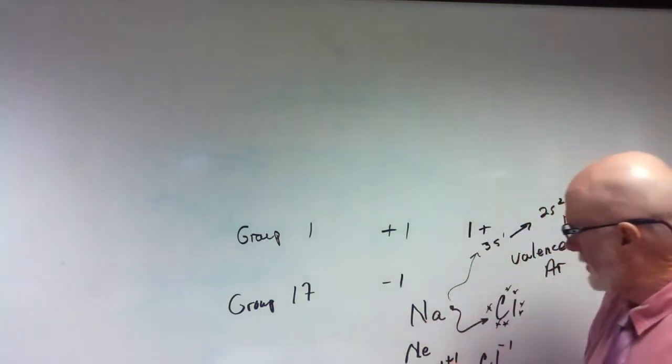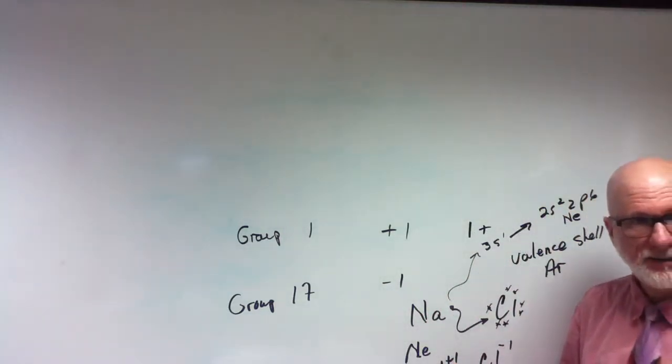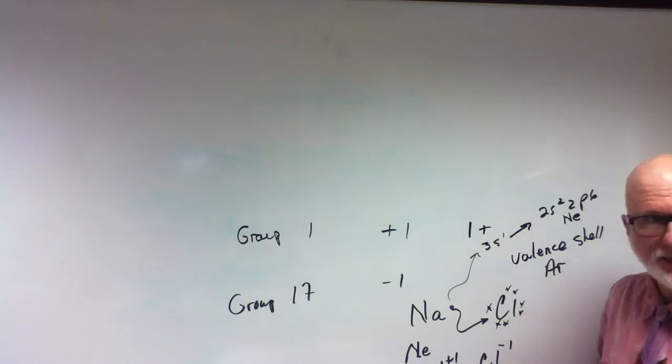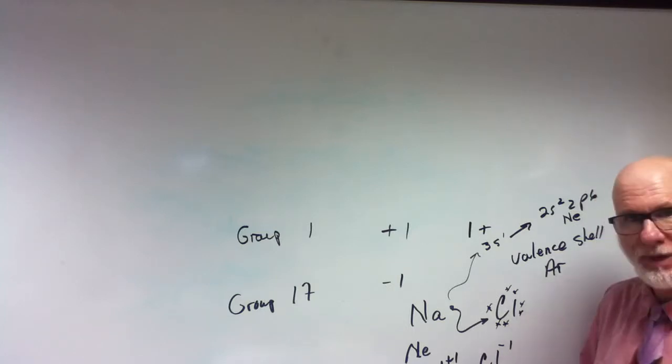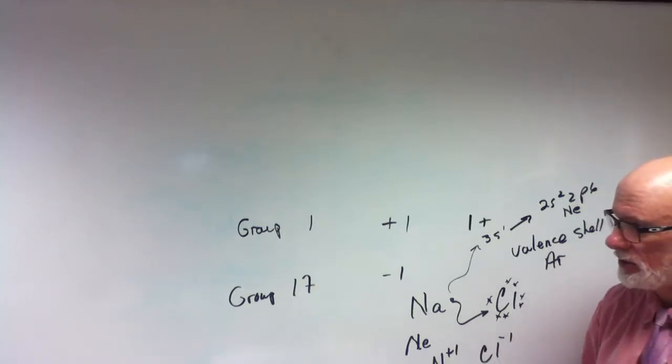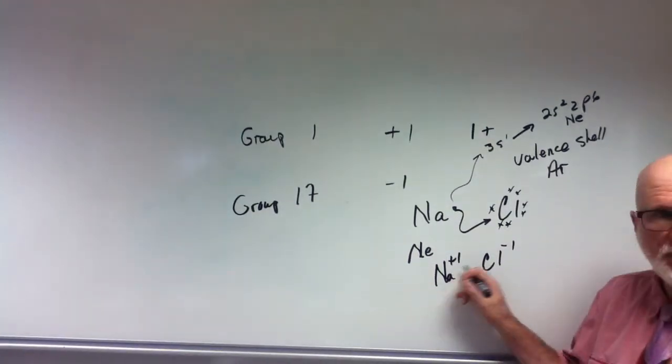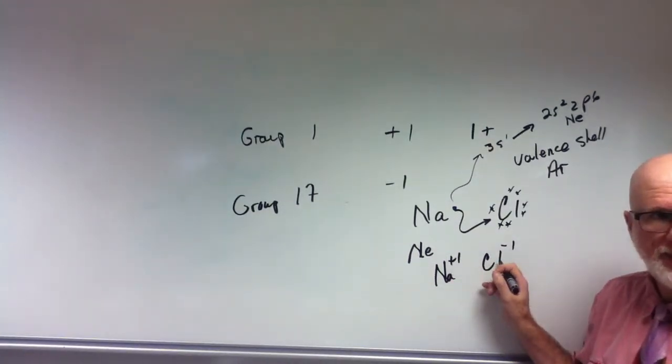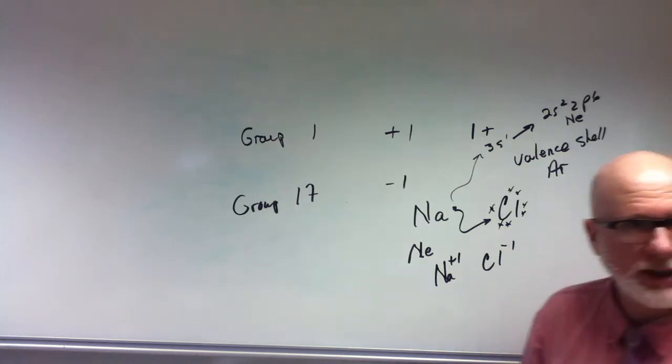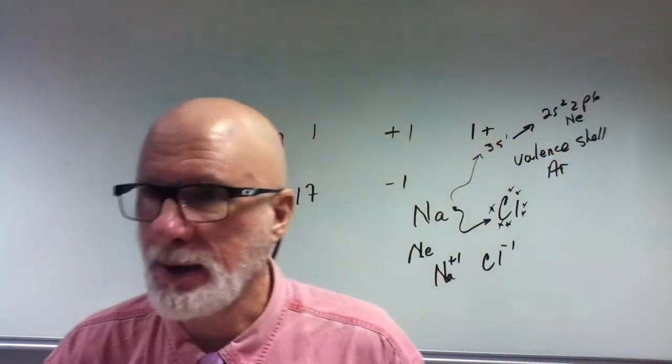So this becomes 10 electrons like neon, and this becomes 18 electrons like argon. This will be +1 charge, and that's -1 charge. Are we okay with that? That's essentially ionic bonding.